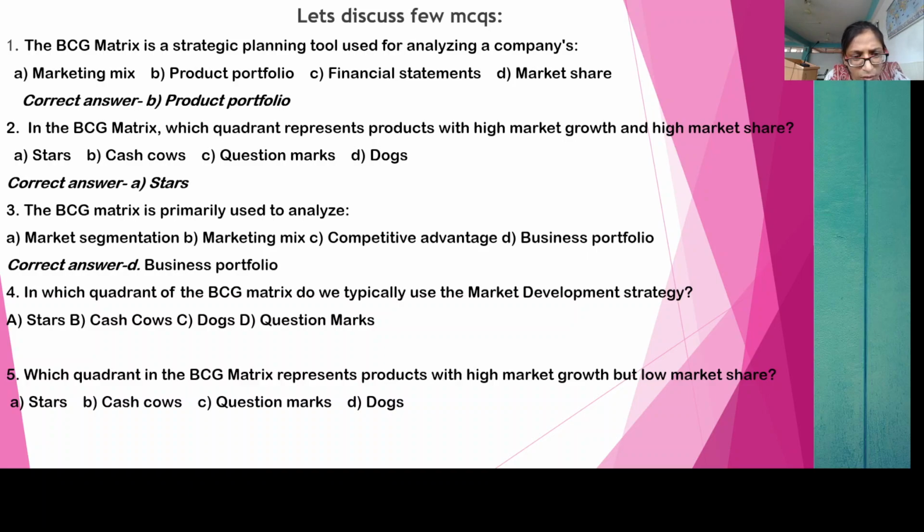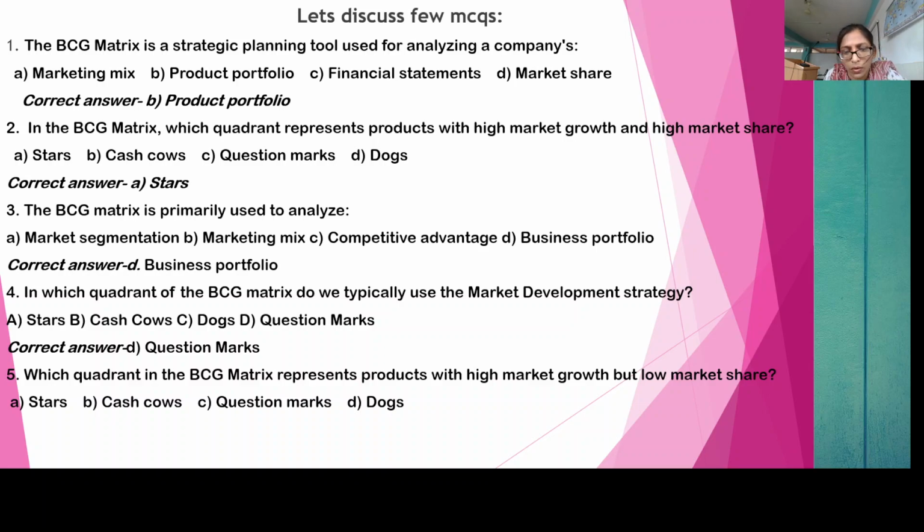In which quadrant of the BCG matrix do we typically use market development strategies? Stars, cash cows, dogs, question marks. The correct answer will be question marks, since they have a chance to grow, meaning high market growth and high potential.